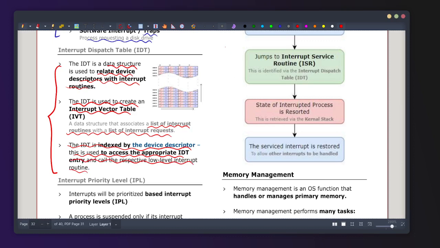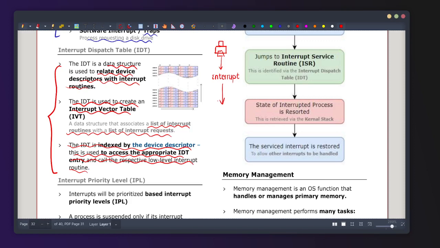Let's say that you plug in a printer. When a USB device such as a printer is plugged in, there might be an interrupt that is sent to your CPU. An interrupt is sent to the CPU from the printer. Specifically, the I/O management processes will notify the CPU that you plugged in a USB printer.